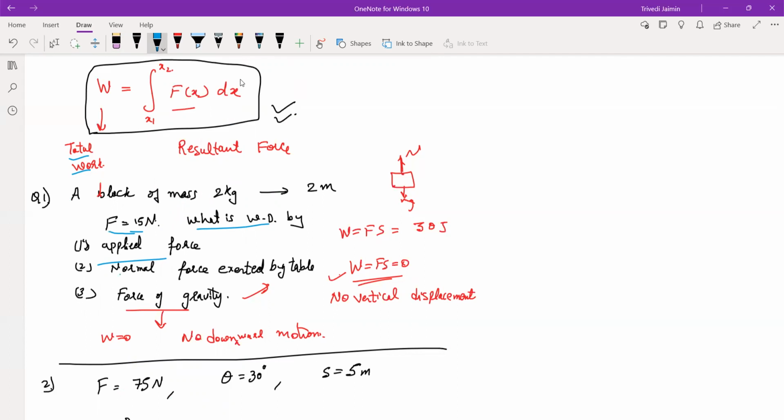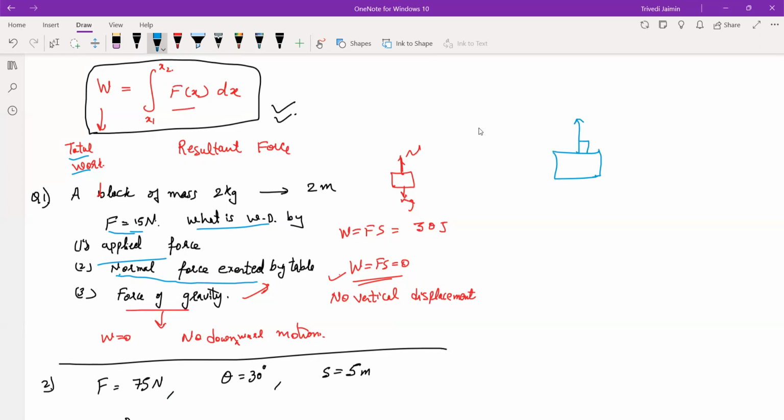Okay, what about this one then? Normal force exerted by the table. What would be the normal force? You know normal force, right? What do you mean by normal force? Okay, let me tell you then. It is the force which is perpendicular to the surface.